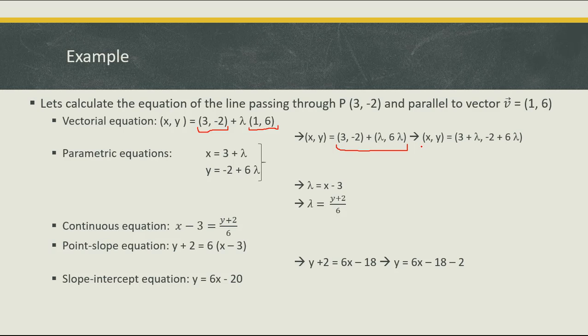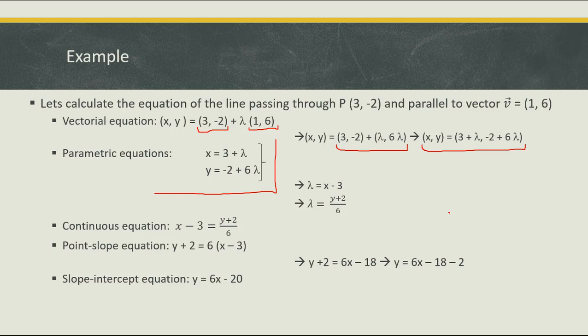When I split this equation into two different equations, one for the first coordinate, one for the second coordinate, I arrive at the parametric equations: x equals 3 plus lambda, y equals -2 plus 6 lambda. Enough if I just want to calculate the parametric equations.